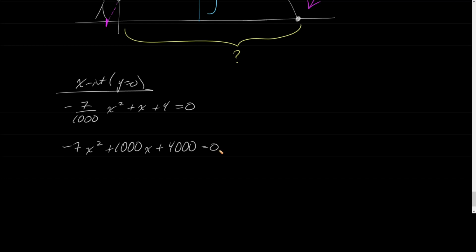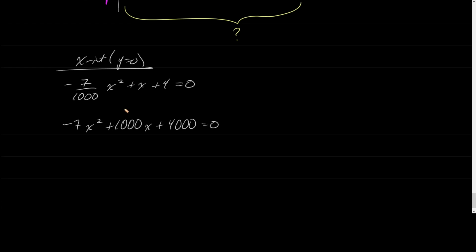Now, if this is factorable, it's going to take me too long to figure out, so I'm not going to try to factor this. I'm also not going to try to complete the square just because of the ugly numbers. But what we can do is use the quadratic formula, which, if you recall, was x is equal to negative b plus or minus the square root of b squared minus 4ac, all of it over 2a.